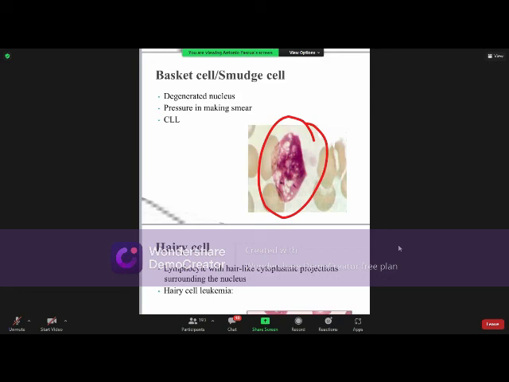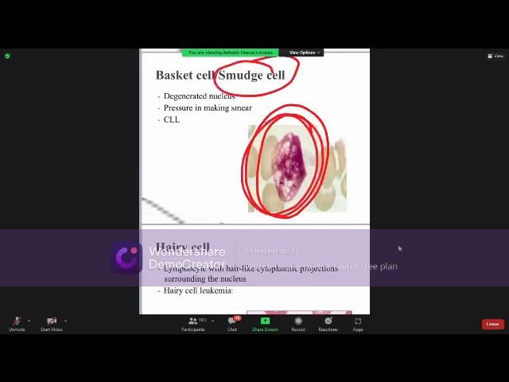So to avoid that, you can add albumin, bovine albumin, on your slides. But if in every field that you count on your microscope, on your smear, you are observing the degenerated nucleus, you further call it a smudge cell. Because if the nucleus is degenerated, it tells you that there's something wrong.